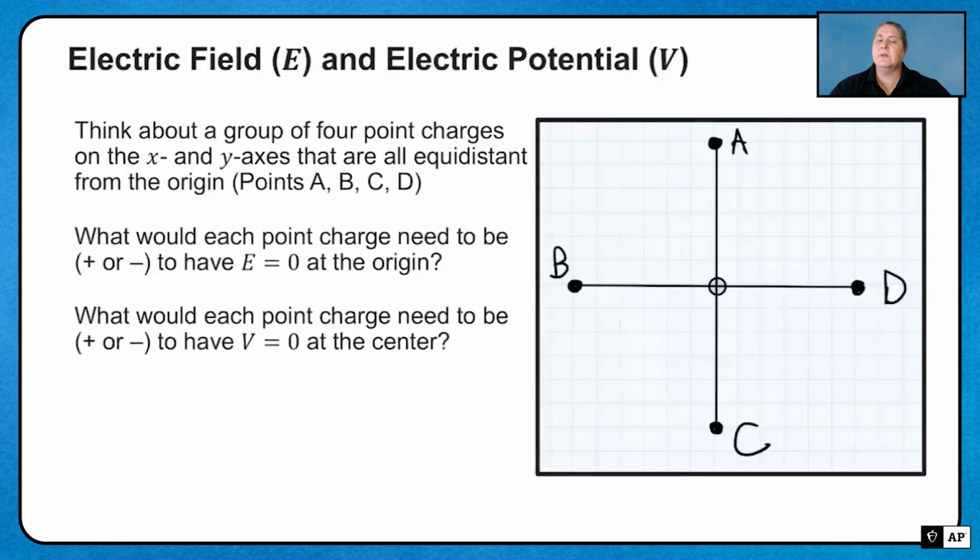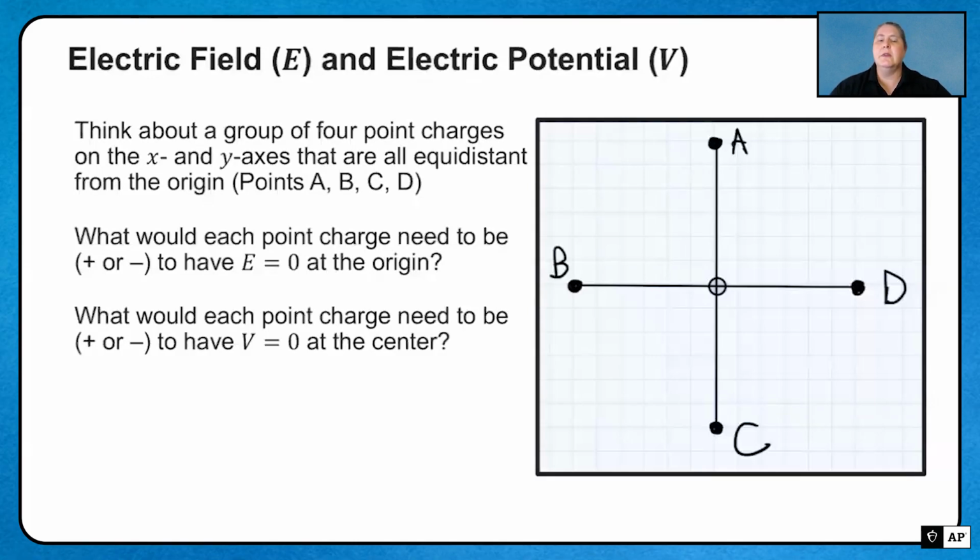These are really interesting questions because remember that the potential is a scalar quantity. If they're equidistant and they're the same magnitude of charge, just one positive, one negative, in order for V to be 0 at the origin or the center, I would just have to have an equal number of positive and negative charges. It doesn't matter where they are, or which ones are positive and which ones are negative, but I have to have an equal number of each.